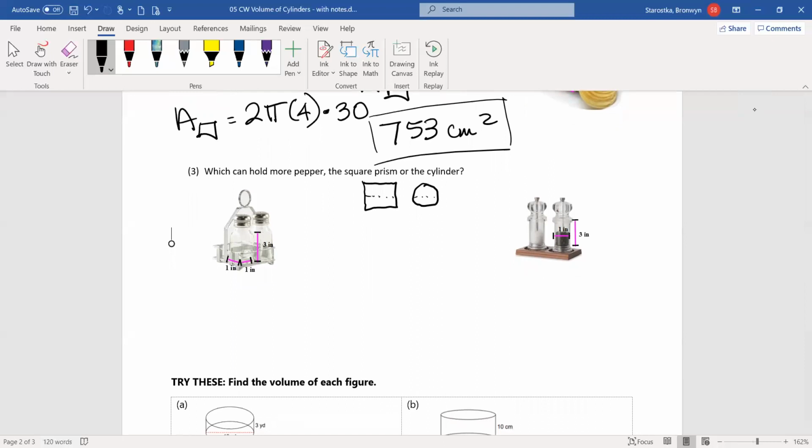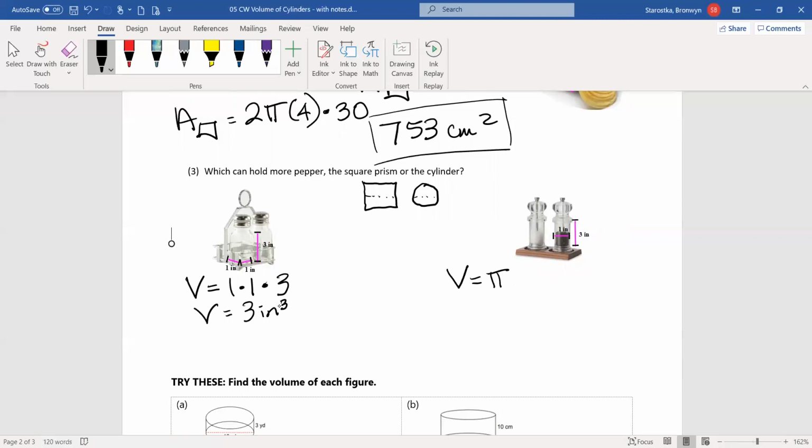All right, volume equals 1 times 1, the area of the base, times the height of 3. So our volume equals 3 cubic inches. Over here, our volume is pi, radius squared.